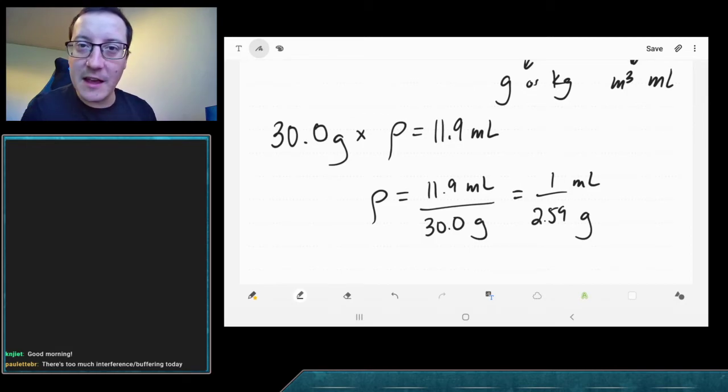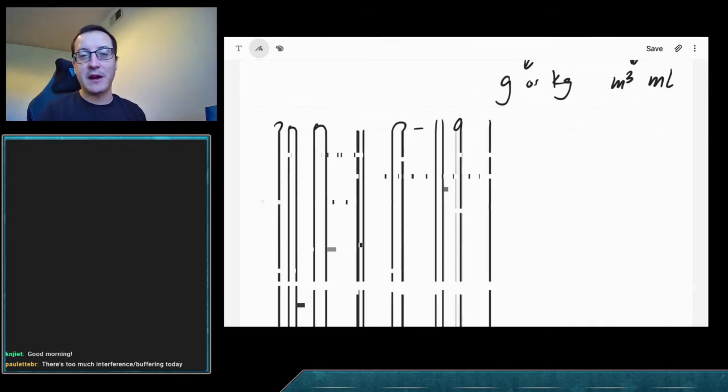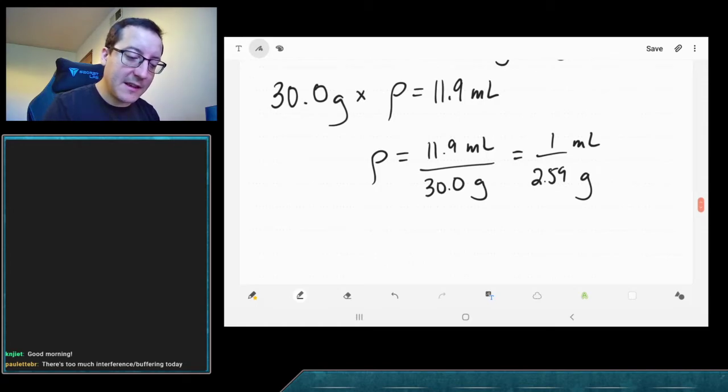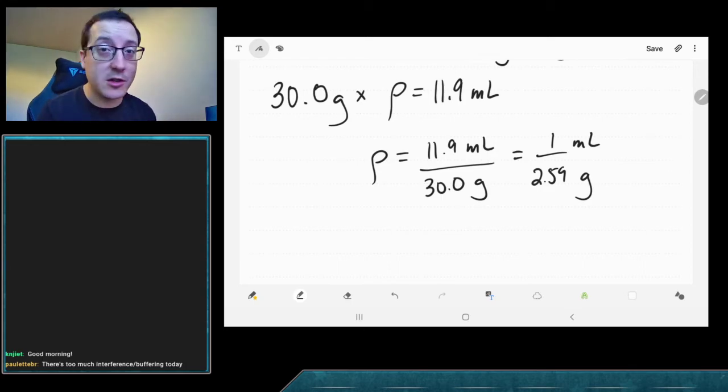Typically it's presented as the opposite way around. Remember, conversion factors you could put as fractions either way, one over the other or the opposite way. Typically, density is presented as grams over mLs, so typically you're solving for it this way, but you could totally do it the other way around. You could have it instead be whatever point something mLs divided by 1 gram. Totally okay as well.